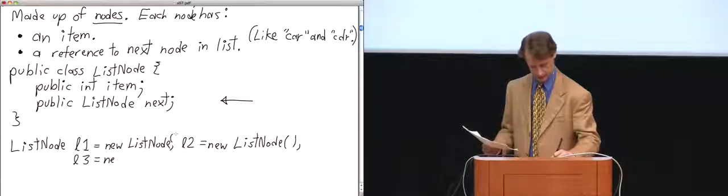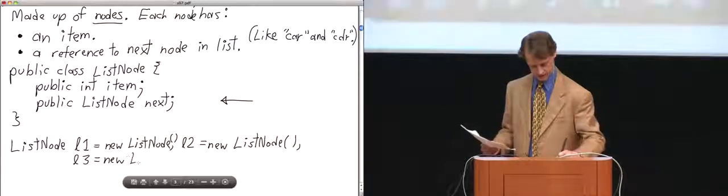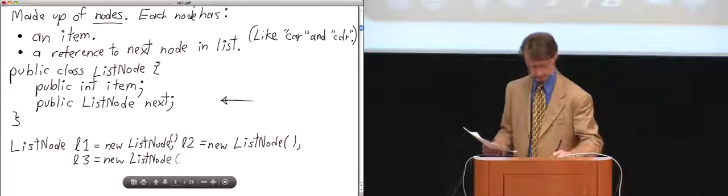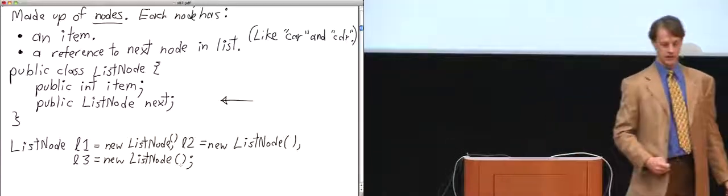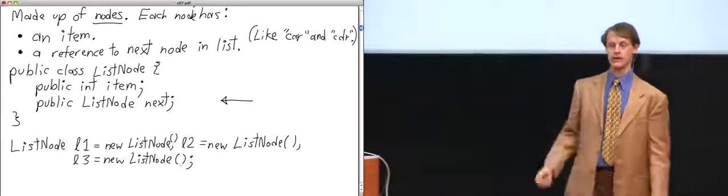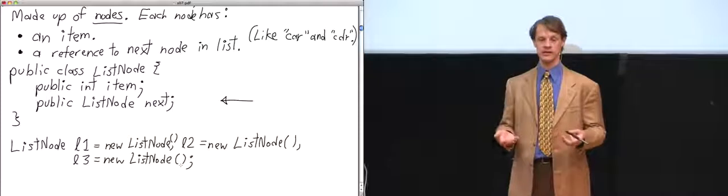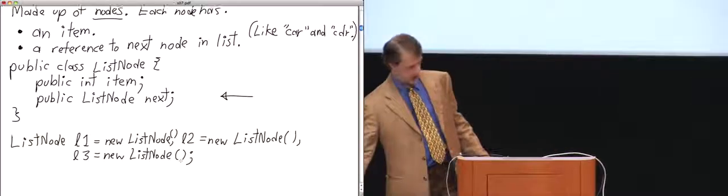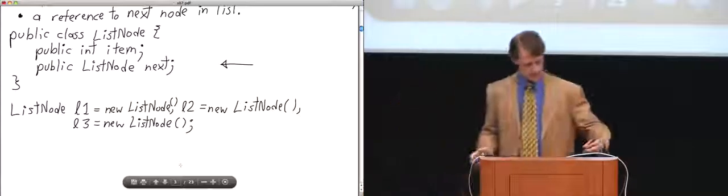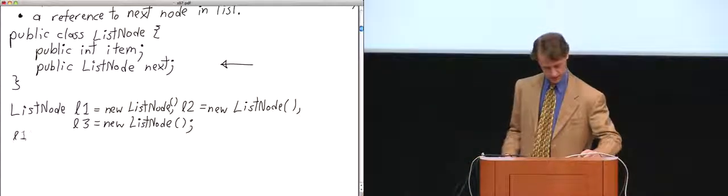Oops, forgot some parentheses here. All right, so there in one line of code is a declaration that declares 3 different list node variables and constructs 3 different list nodes. And I want to put some items, some integers, into those list nodes.